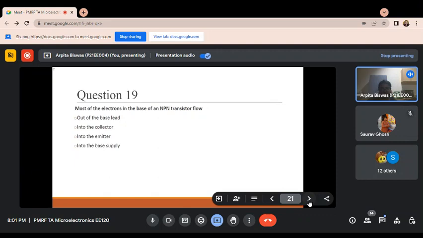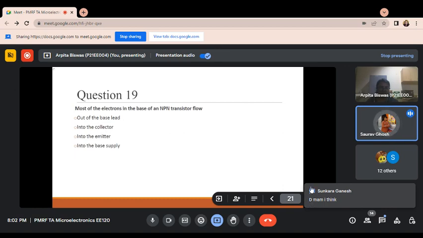Most of the electrons in the base of an NPN transistor flow out of the base lead, or into the collector, or into the emitter, or into the base supply. Ma'am, option D, into the base supply.